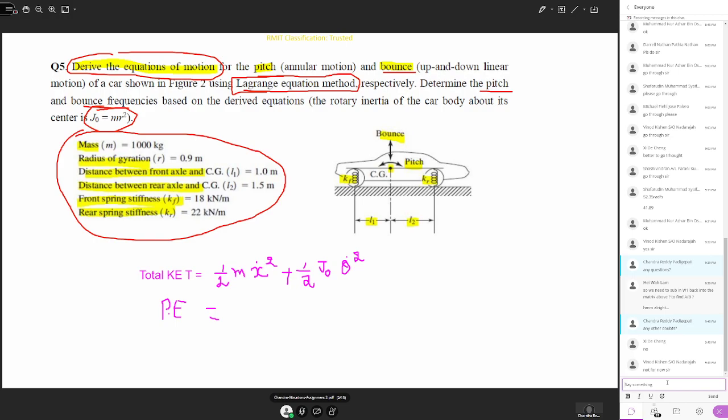So this will be your V. Then write down what the Lagrangian is: L is equal to T minus V. Okay, any thoughts for the potential energy?